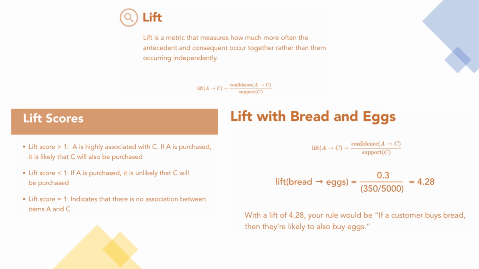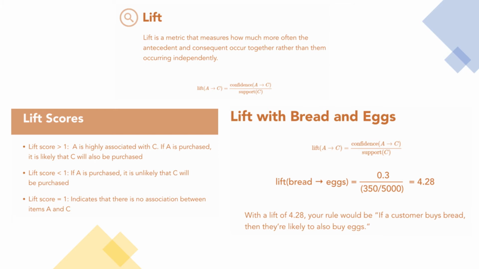So going back to our example, let's calculate lift. To do that, we need to divide confidence by support. We already calculated the confidence back here, and we found that there is a 30% likelihood that eggs will be bought if bread is purchased. Our confidence is 0.3, so we put that in our numerator when calculating lift.